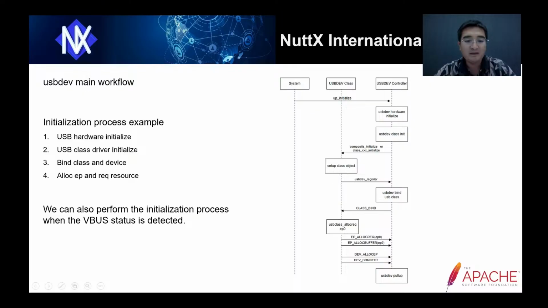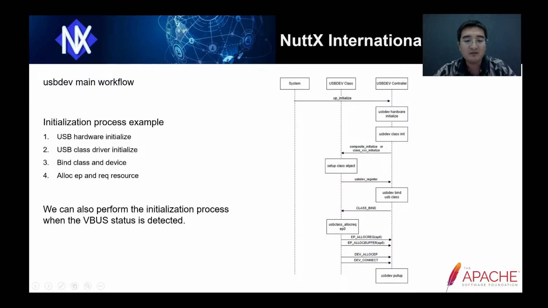Next, I will introduce the main workflow of USB device, as shown in the figure on the right. After the system is powered on, the USB device needs to do initialization, bind the class driver and the USB controller, and then apply for resources, such as endpoints and request buffers.